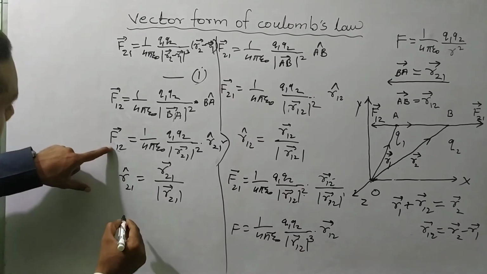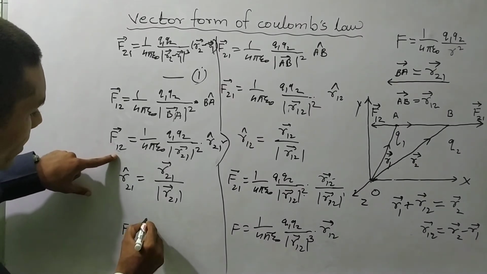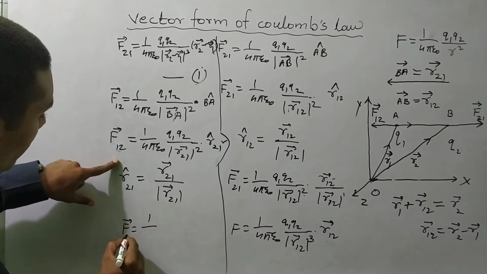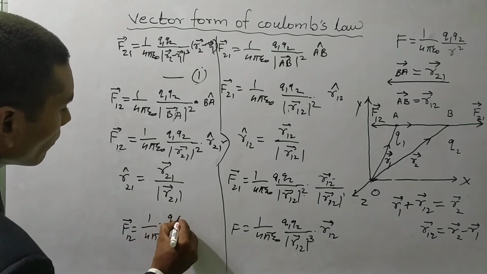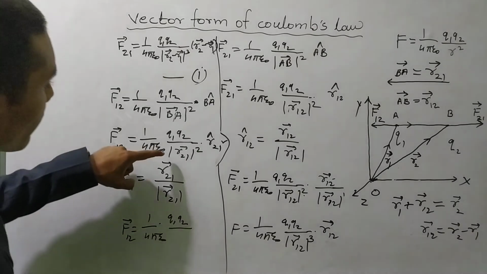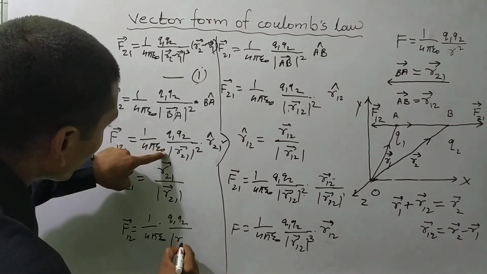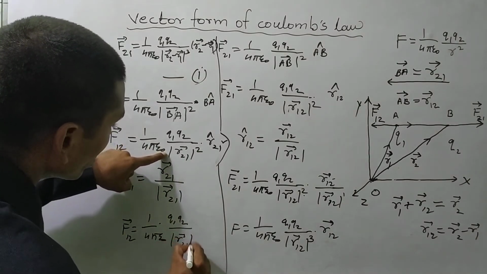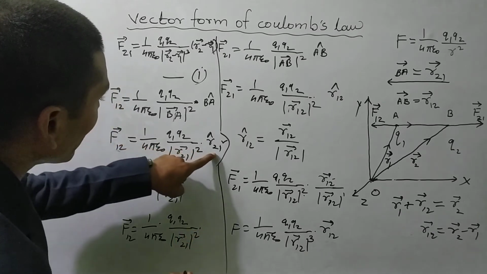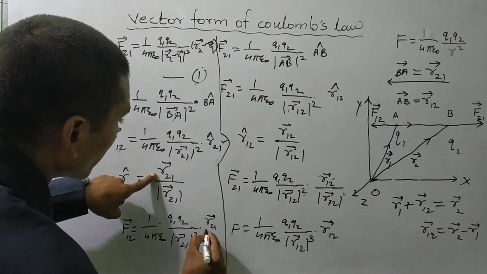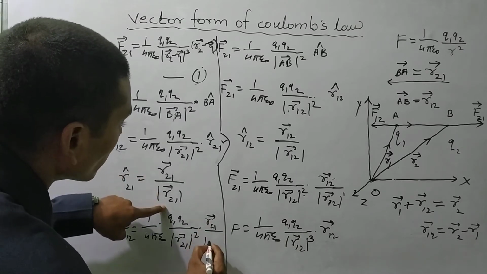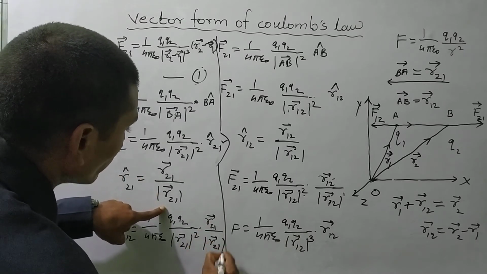Therefore the force F12 will be equal to 1 upon 4 pi epsilon naught, Q1 Q2 upon the modulus of vector R21 squared, times vector R21 upon the modulus of vector R21.